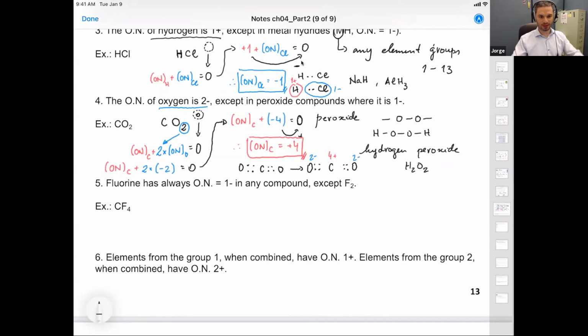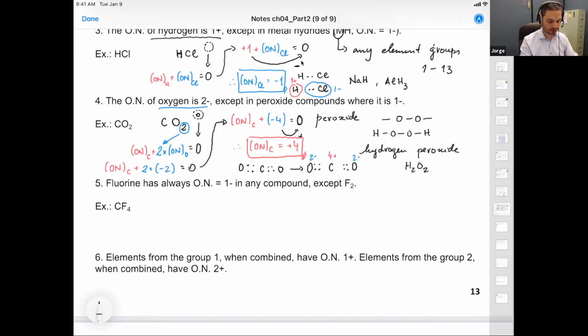So fluorine is the strongest element when we talk about pulling electrons. And later on, I will tell you that fluorine is the most electronegative element in the periodic table. And knowing that will help us to find the oxidation number of the other elements.